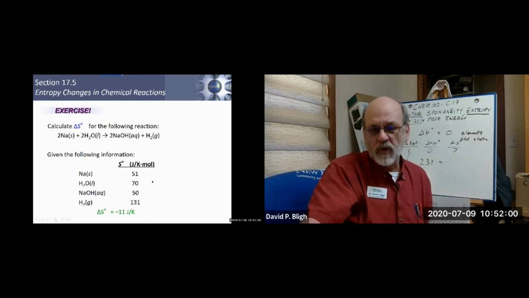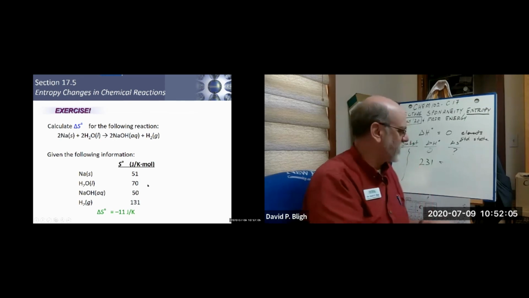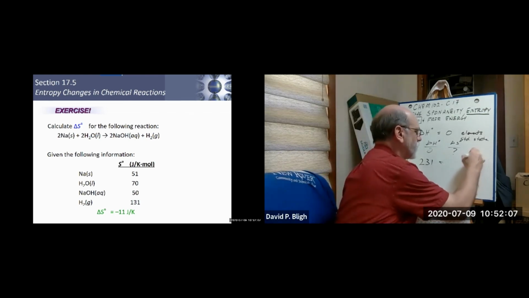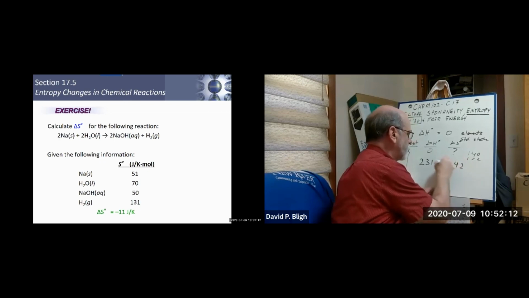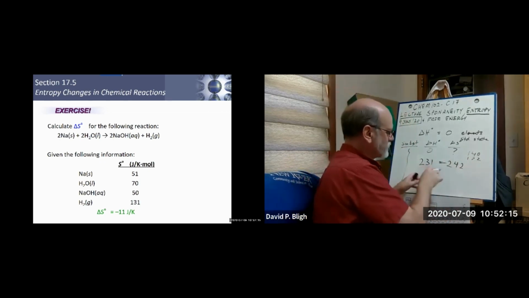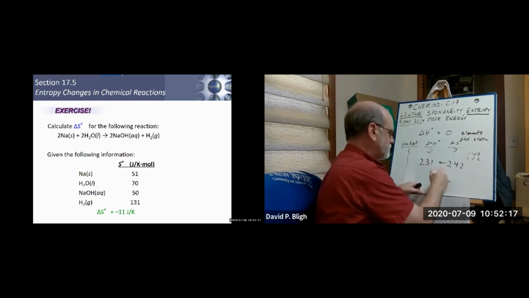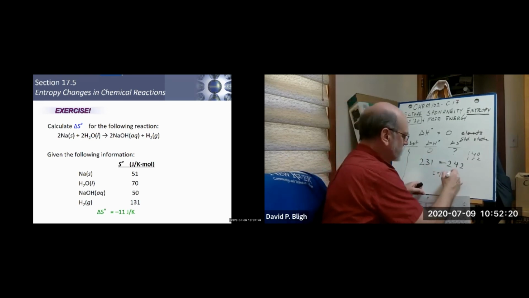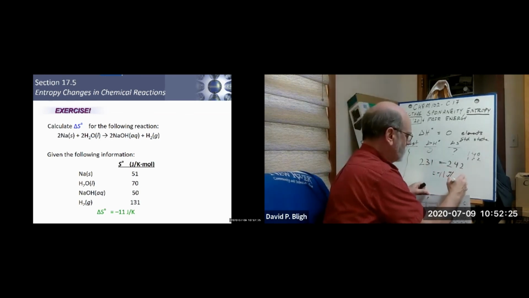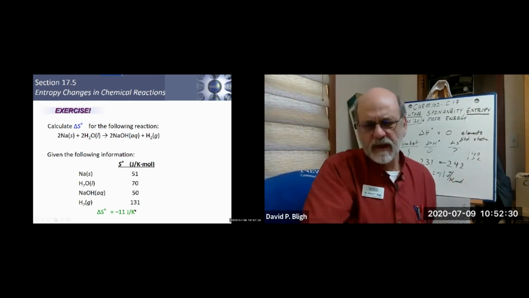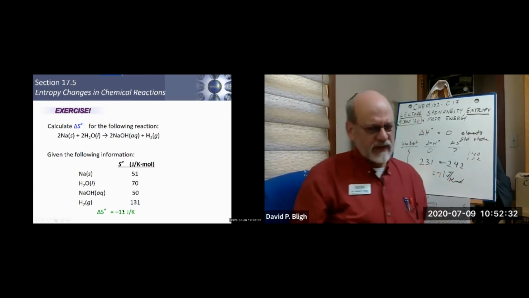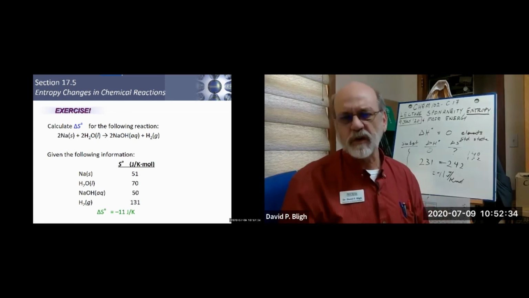So 2 times 51 is 102. And 2 times water is 140. So that's 140 and 102 is 242. Right? So that should be negative 11 joules per K mole. Okay? Oh, there it is. We left out the mole here. It's understood when you calculate delta S, it's in terms of 1 mole.